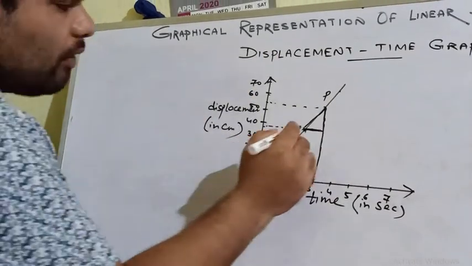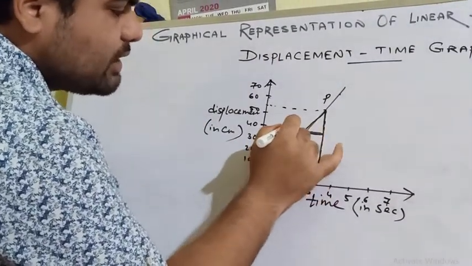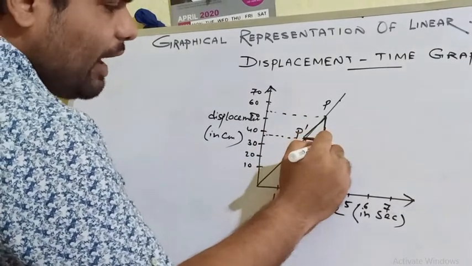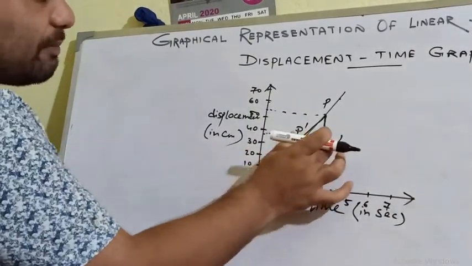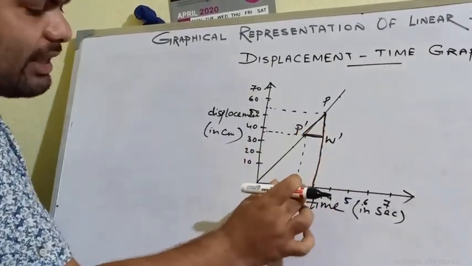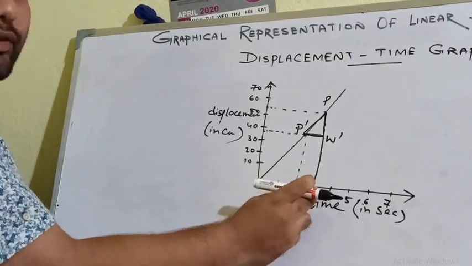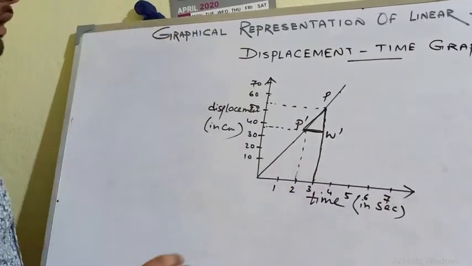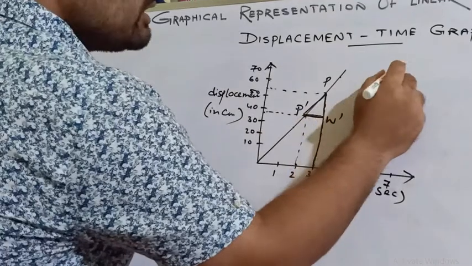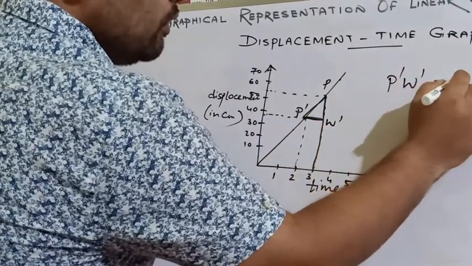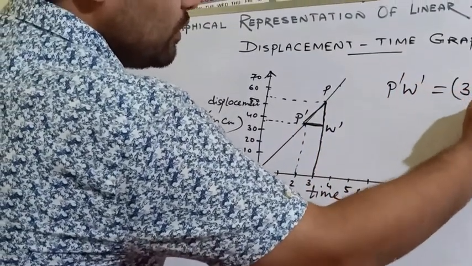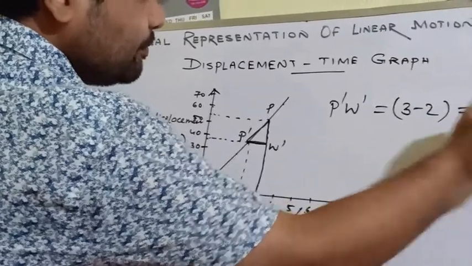Now suppose this is P dot and this is W dot. So P dot W dot will be equal to the distance between 2 and 3, which is 3 minus 2. That gives us 1 second.